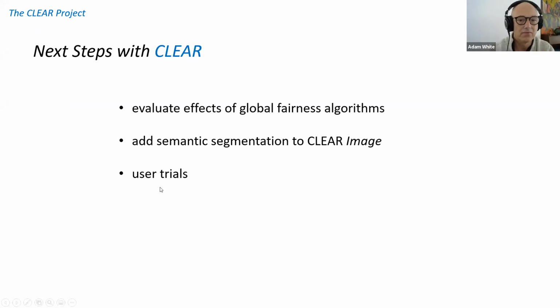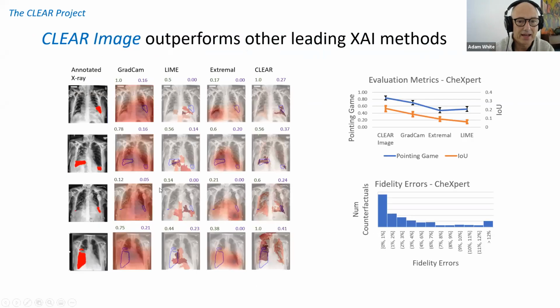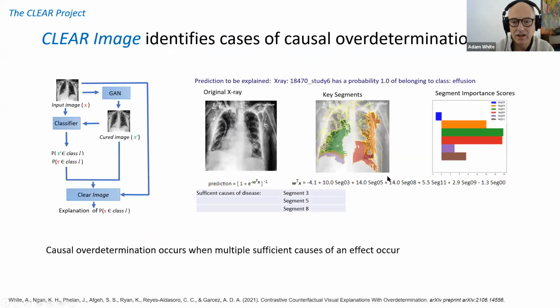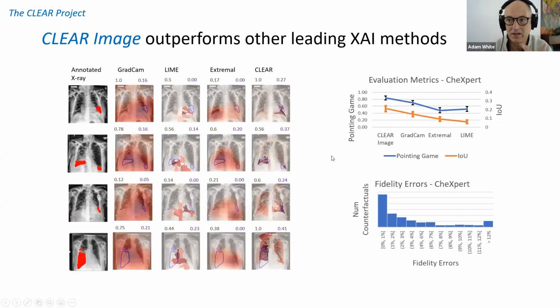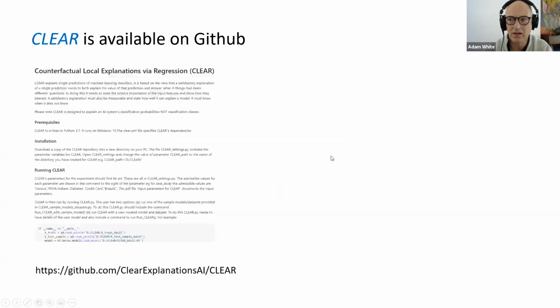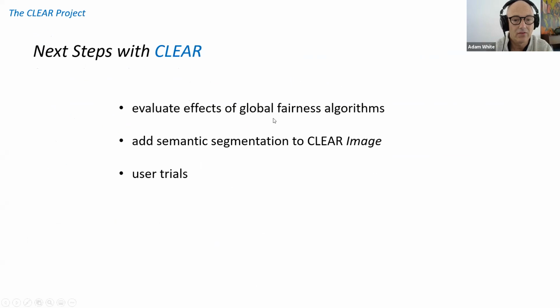At the moment, the explanations we give back are of this form, where it says segment 3, segment 5, segment 8. What we really want to do is translate those into descriptions of actual parts of the lungs. That would be a big boost to improving the explainability of CLEAR Image.